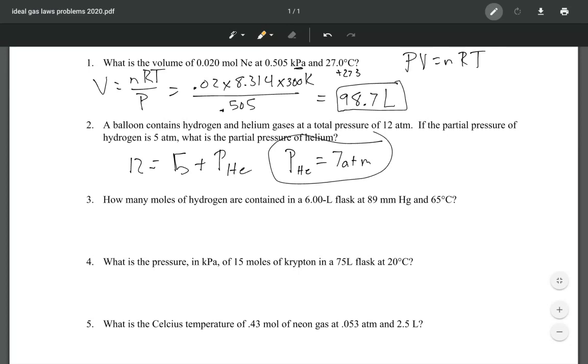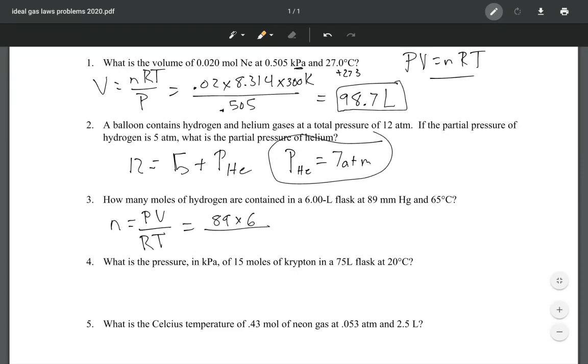In number 3, it's asking us to find moles given a pressure, a volume, and a temperature. So if we rearrange the equation that we have up at the top, we get that moles equals PV over RT. So if we plug in, our pressure is 89 millimeters of mercury times a volume of 6 liters.